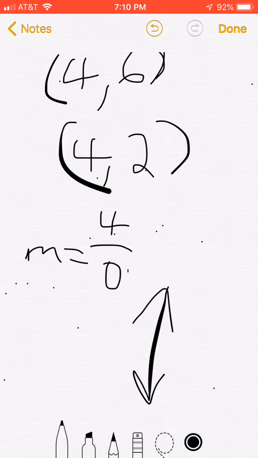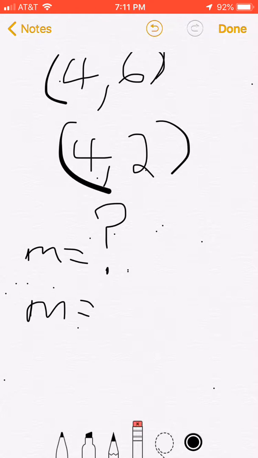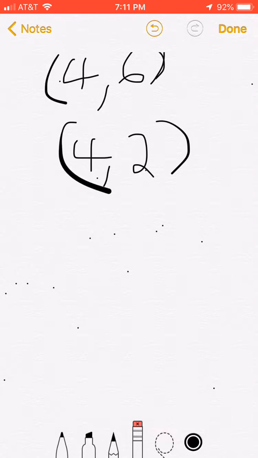But 7 divided by 0 is going to be unknown. We can't solve it. That's why it's called an undefined slope. So the answer is, I don't know what your teacher's going to make you write. I might write a question mark, or I might write undefined, or abbreviate it undef. Just do what your teacher says to do for that one.